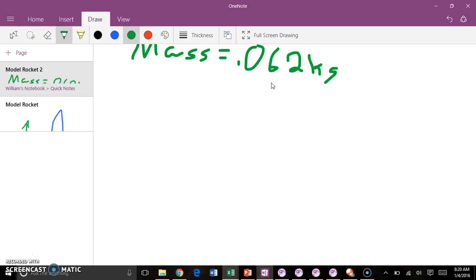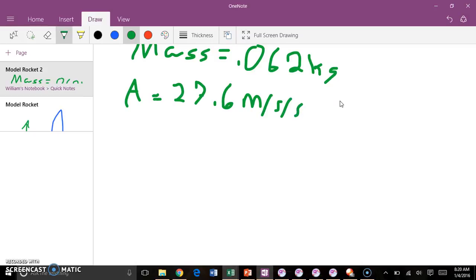So now all we need to do is find the thrust. Remember, force equals mass times acceleration, and our acceleration was 27.6 meters per second squared. So we just need to find the force of the thrust, and this is going to be the force of the thrust with gravity factored in.